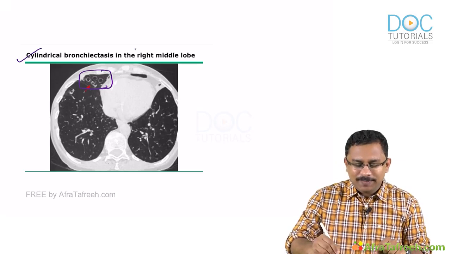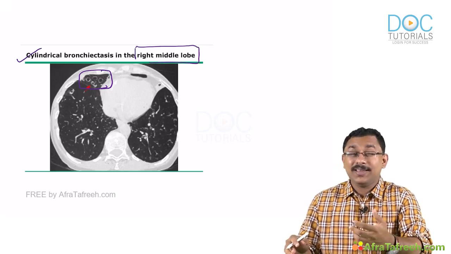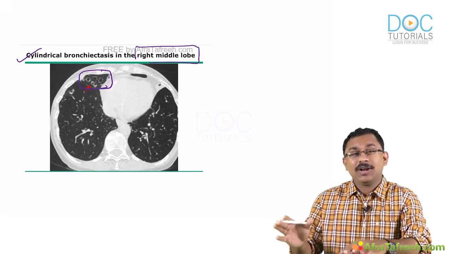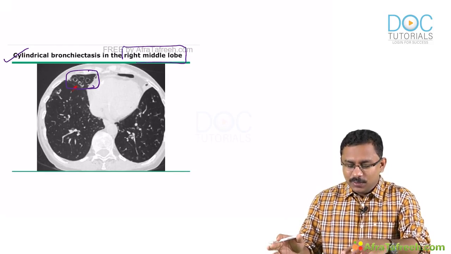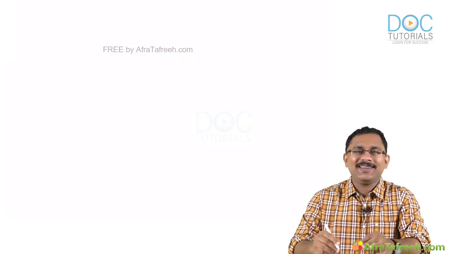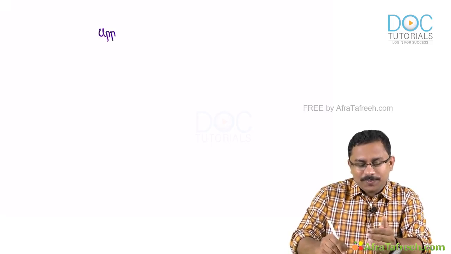So it is always important that the lobe of involvement can also give you certain clues regarding the etiology of bronchiectasis. Suppose you have a bronchiectasis predominantly involving the upper lobe.